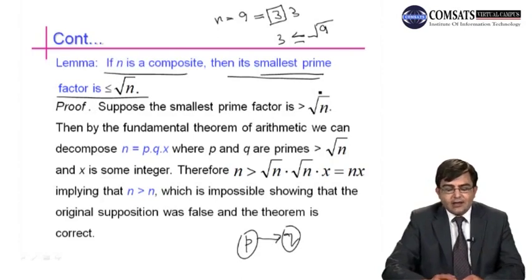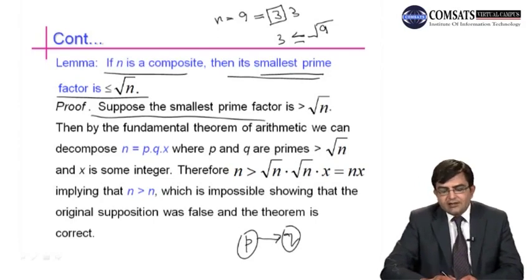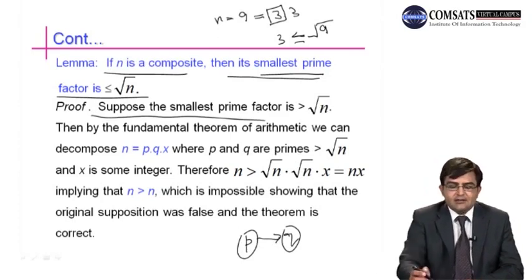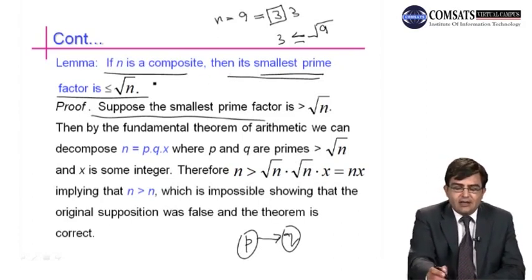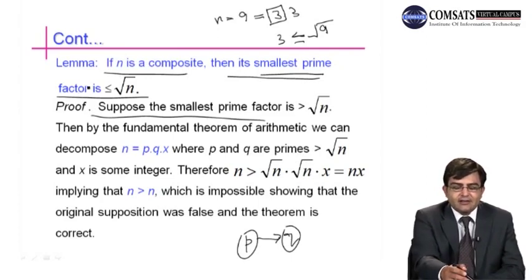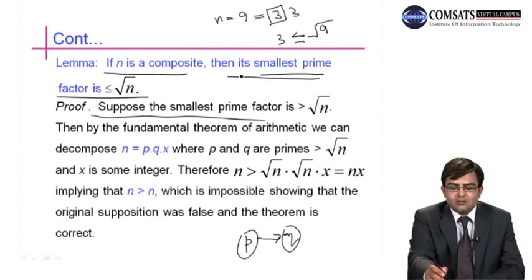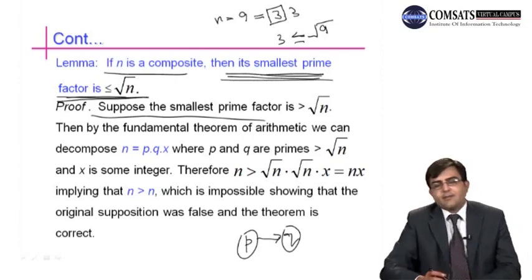But here we have used the method of contradiction. In this method of proof, we suppose that the result is false, meaning what we have to prove is false. In this result we have to prove: if n is composite, then its smallest prime factor is less than or equal to square root of n.